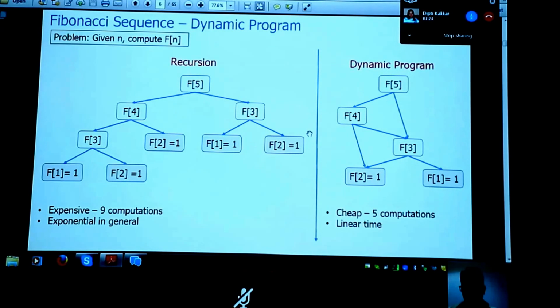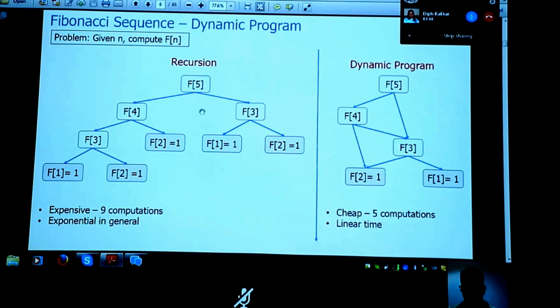To know f5, what do we need to know? I want f3 and I want f4. Now, if I want f4, then I need f3 and f2. Luckily, f2 we know, that's an initial number, f2 is 1. Then f3 will give rise to f1 and f2, and this f3 will also give rise to f1 and f2. So that's how this recursion tree will grow.